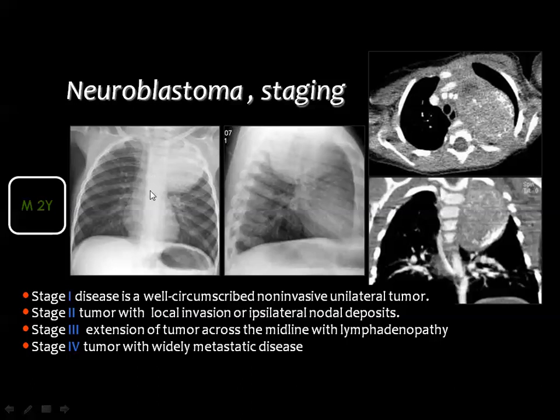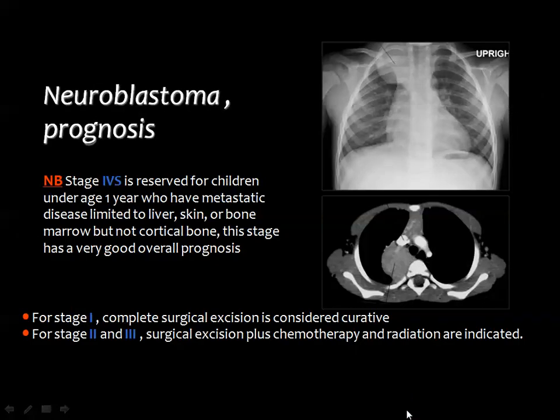And here is a big mass, and the mass is solid. It contains calcium. The patient is 2 years old, and you are dealing with neuroblastoma. It should be remembered that stage 4S is the stage reserved for children under the age of 1 year who have metastatic disease limited to the liver, skin, bone marrow, but not the cortical bone, and this stage has a very good prognosis.